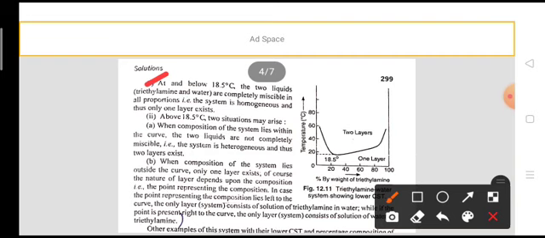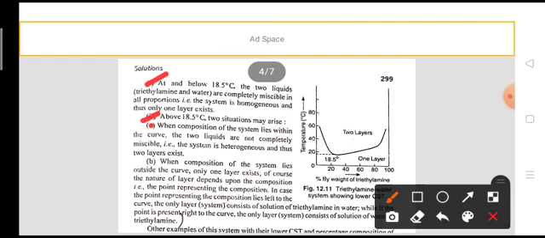But above 18.5 degrees centigrade, two situations arise. The first situation is when the composition of the system lies within the curve: the two liquids are not completely miscible. That means the system is heterogeneous and two layers exist.